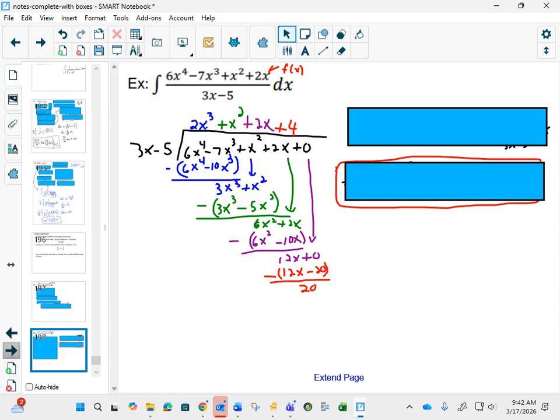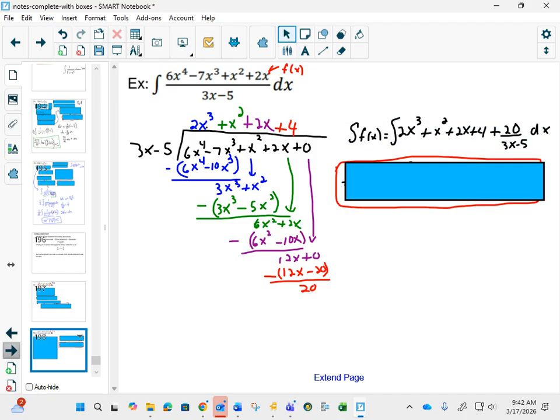Now in green, what would I have to multiply 3x by to get 3x cubed? I'd have to multiply by x squared. So I'll let you, it's color coded because you do the same process in blue, you redo it in green, and the same process again in purple, and the same process in red. And you get a remainder of 20, which means that this whole thing could be written as the quotient plus the remainder still needs to be divided by 3x minus 5.